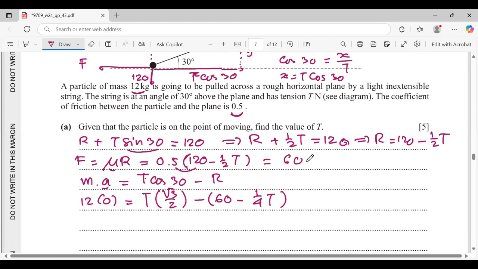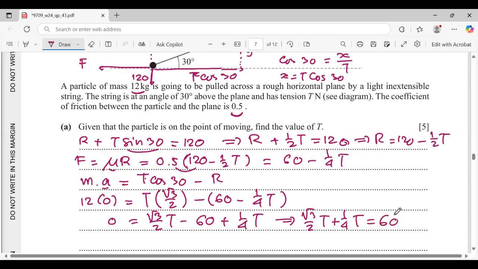This is 60 minus 1/4 t. And it is 0. So square root 3/2 t minus 60 plus 1/4 t. So square root 3/2 t plus 1/4 t equals 60.